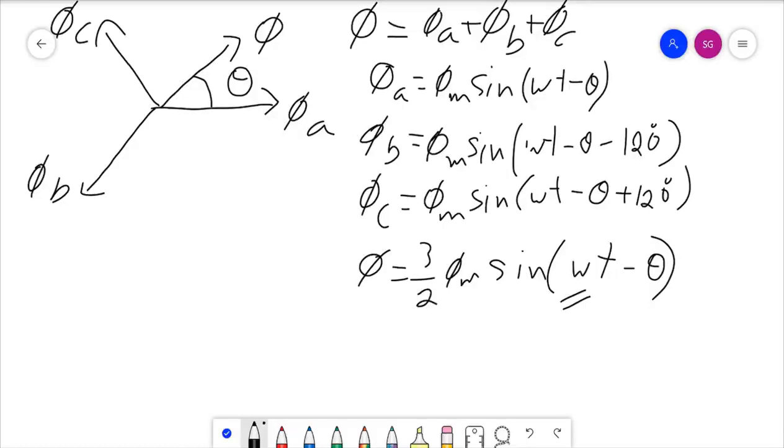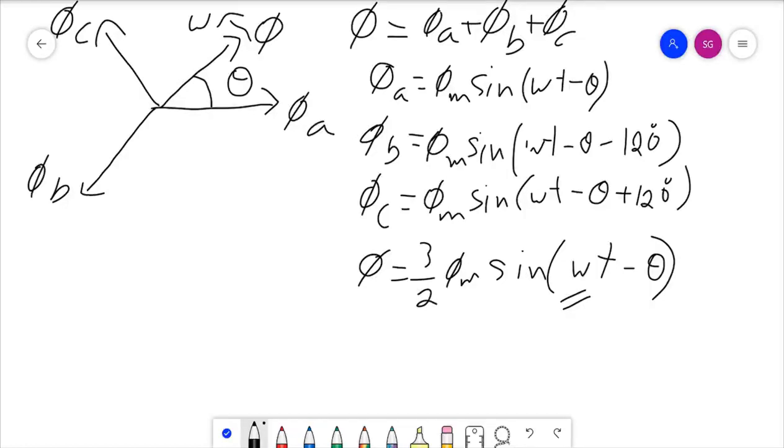Now this phi is the space vector, which is rotating at omega speed. From now onwards, we will not use phi A, phi B, phi C. We will use just the resultant component.